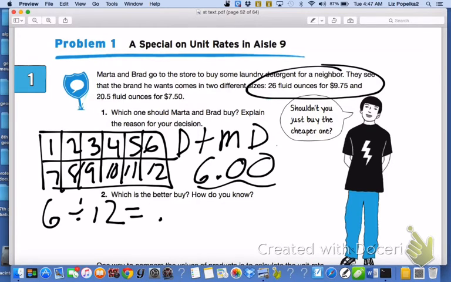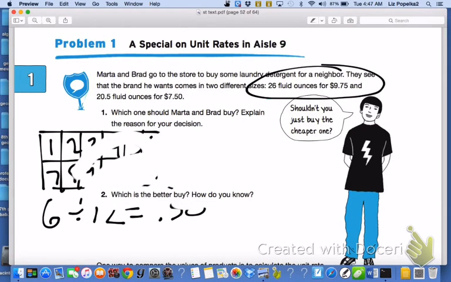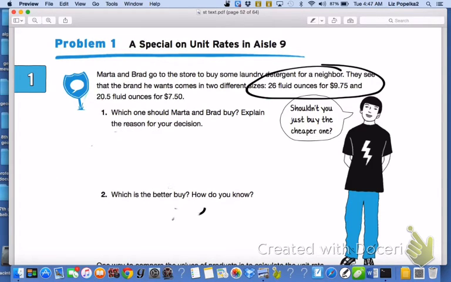And I know that each Mountain Dew cost me 50 cents. I can use that same idea of division to figure out, in these cases, which laundry detergent is the better deal. Which one is going to be cheaper? Just using that same old idea of division.